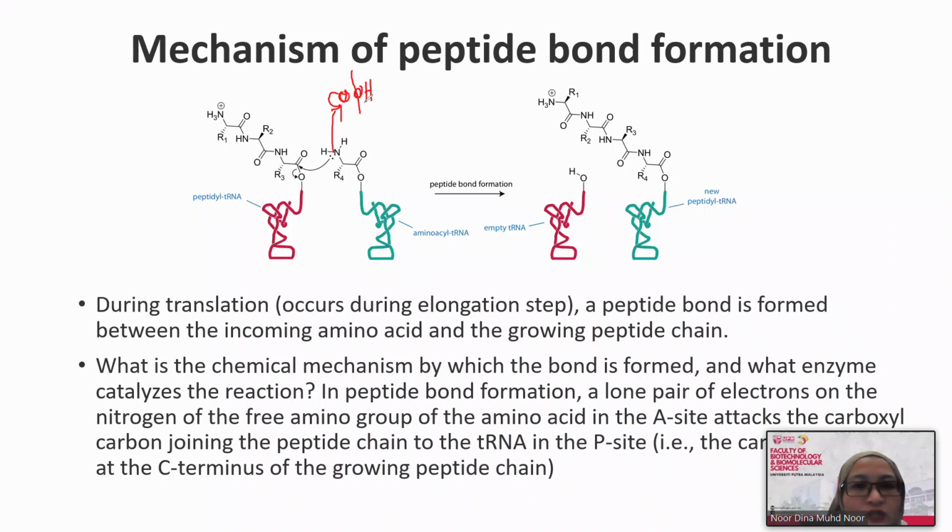Since OH is very negatively charged, it's going to pull one of the hydrogens from the amino group. So that's why peptide formation releases water, H2O, because it comes from the combination of the OH from the carboxyl group with the proton from the amino group of the second amino acid. So during peptide formation, they release water.